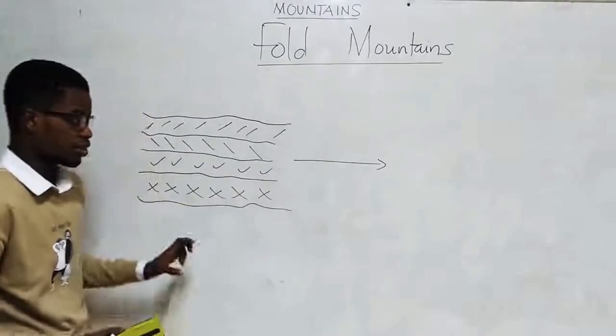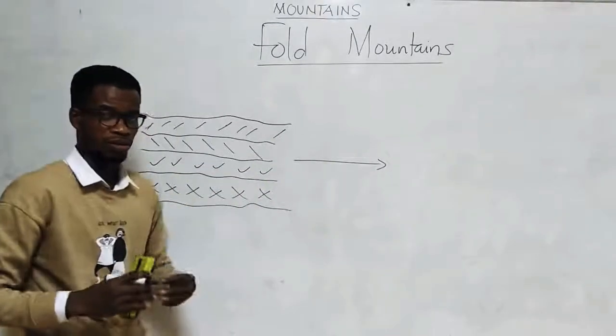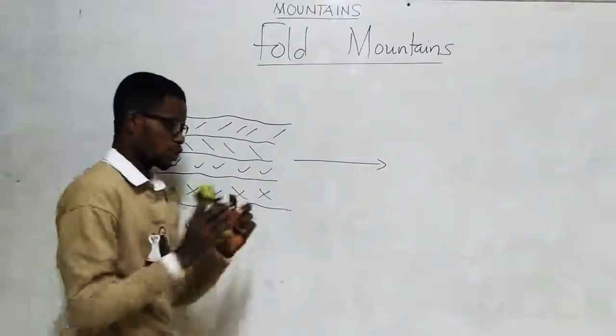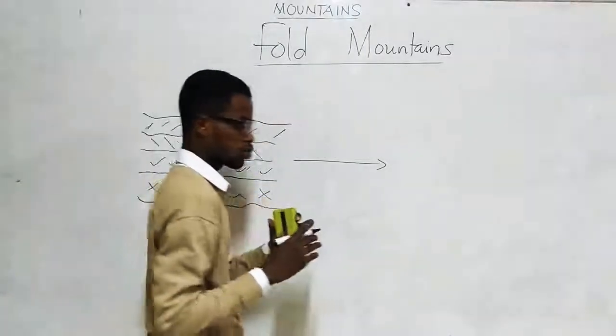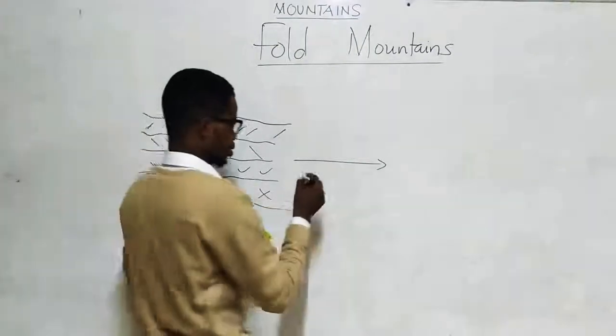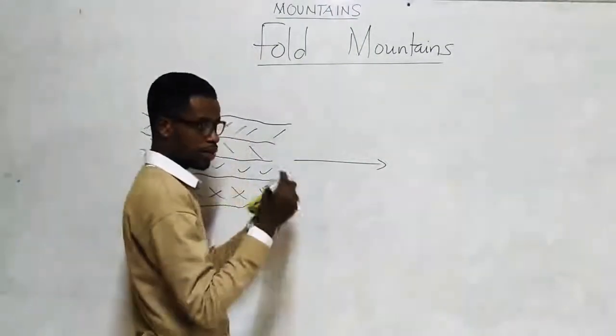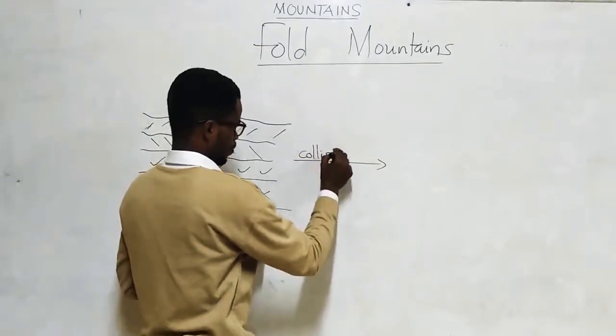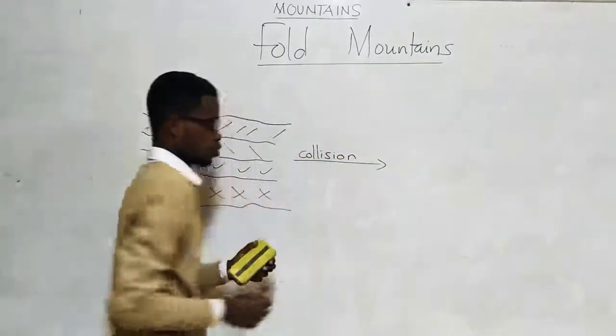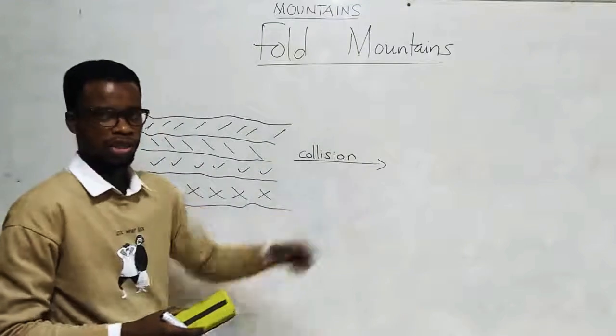Then something happens to these layers. The force and pressure cause them to collide. In the collision, they meet or come together and they begin to bend. So this is showing the collision process.